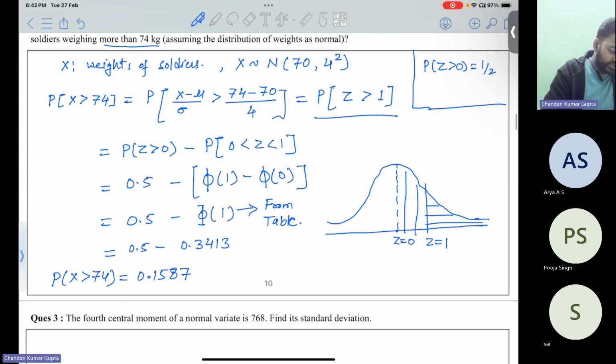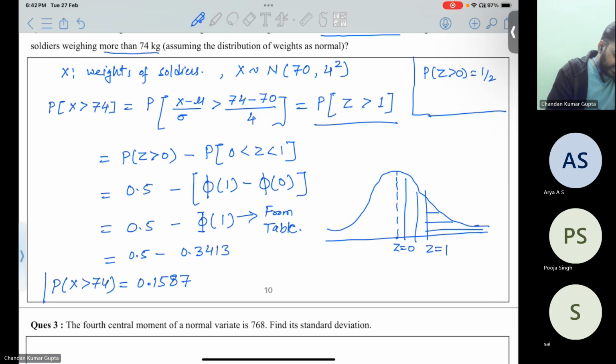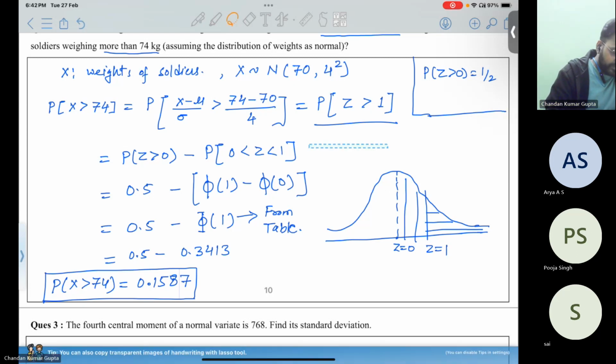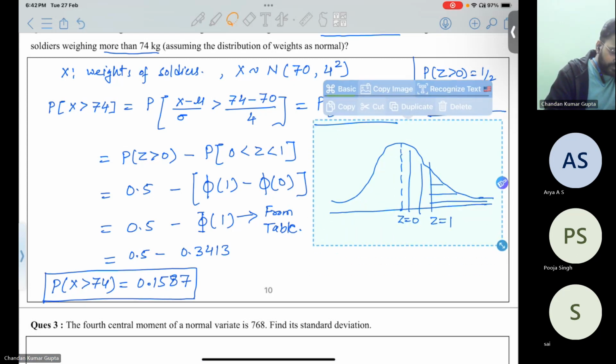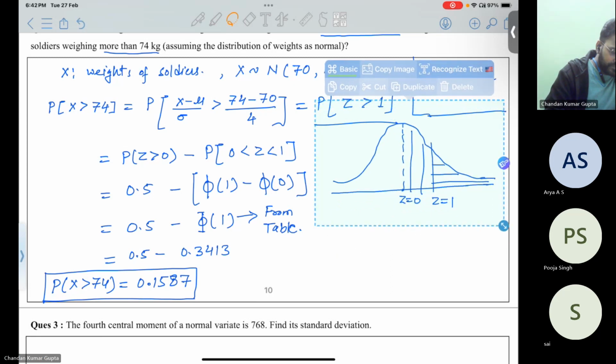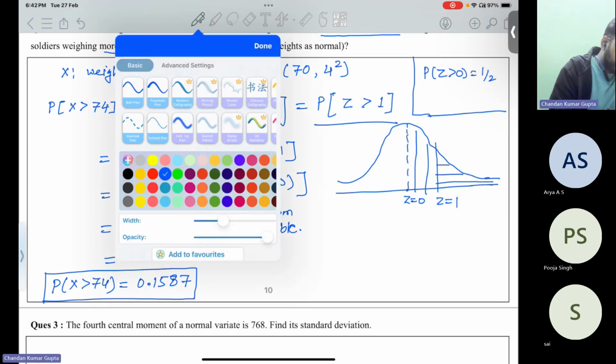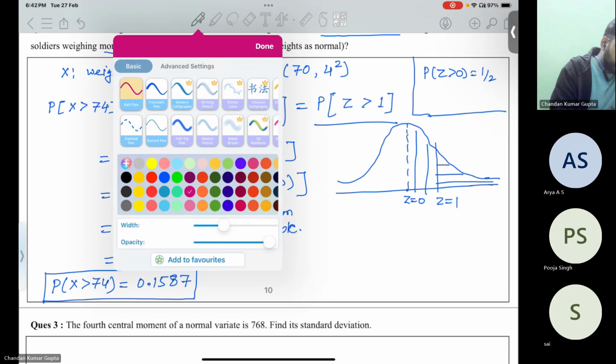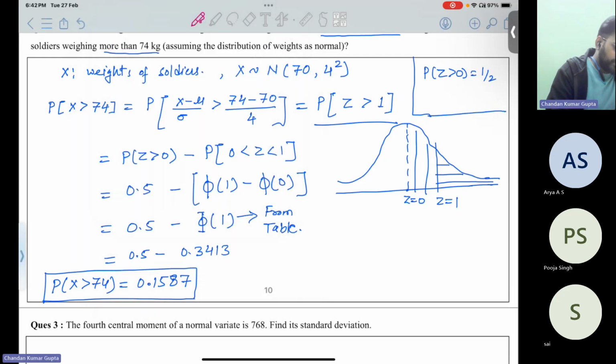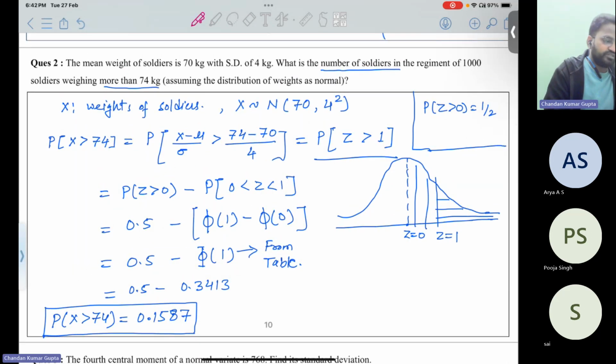Okay, so this is the probability. Now we need to calculate the number of soldiers.